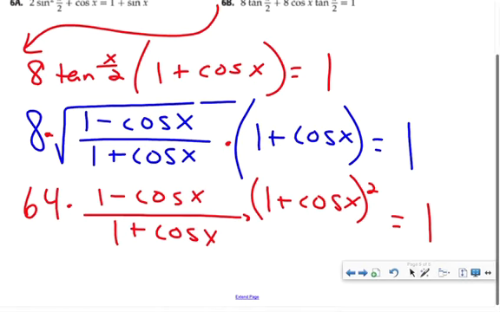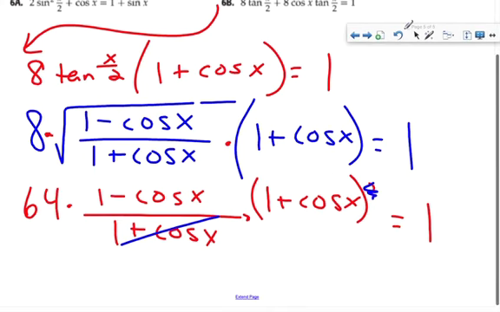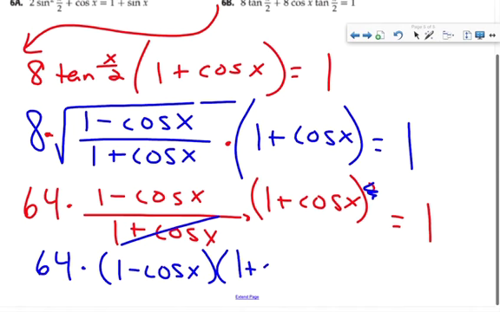And so now let's look at this. I've got these two things that can cross-reduce, leaving me with 64 times 1 minus cosine x times 1 plus cosine x equals 1.